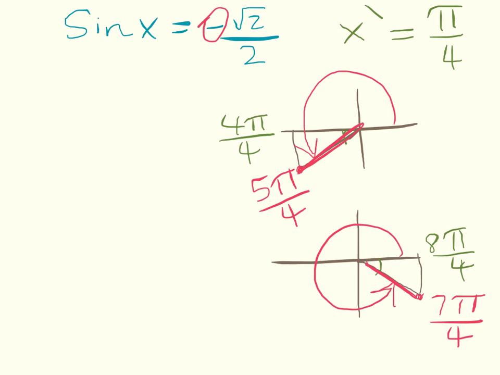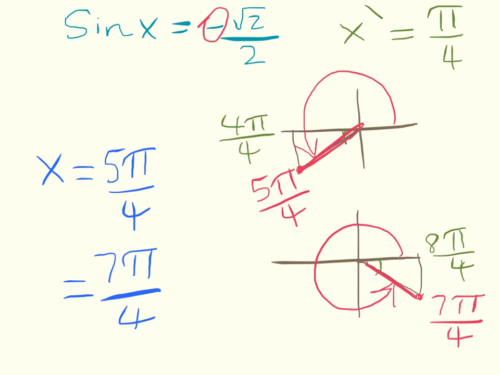So my answers for x are 5 pi over 4 and also 7 pi over 4, and that's between 0 and 2 pi.